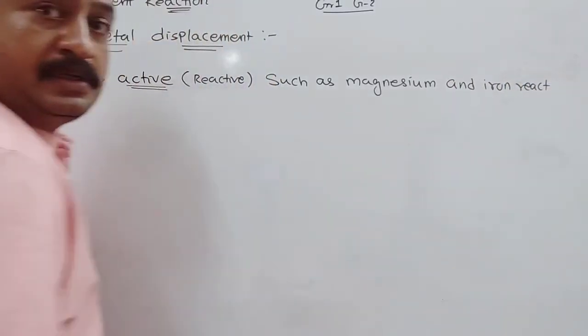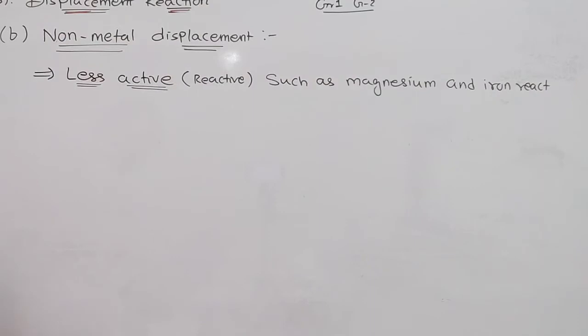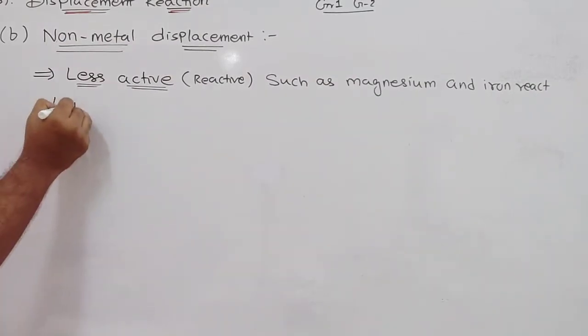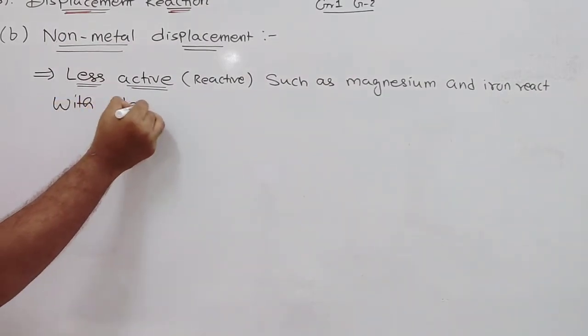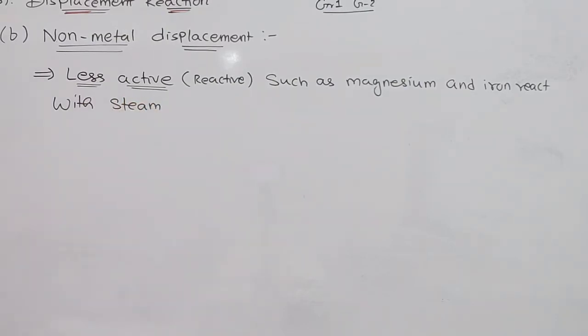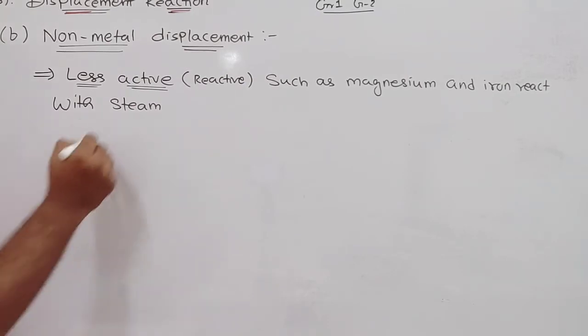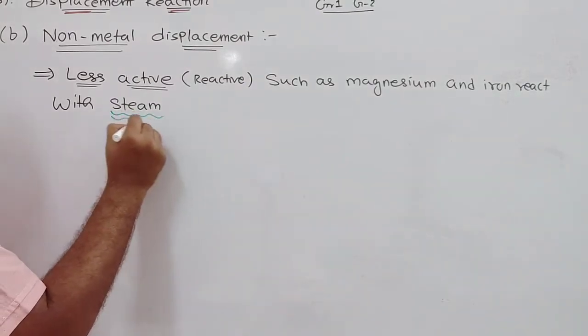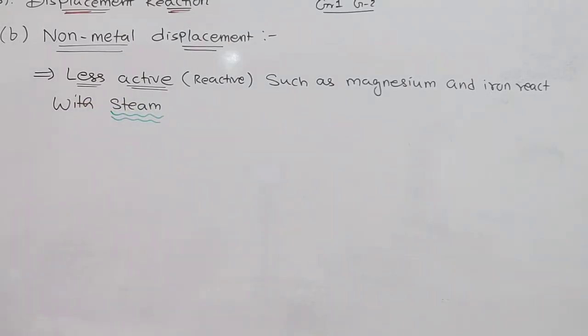react with steam. What is the word? Steam. So this is the reaction of metal with steam, which is a very important word. Steam means water in what form? The vaporized form.